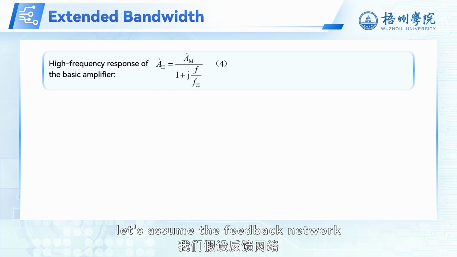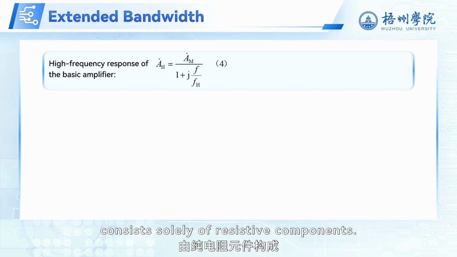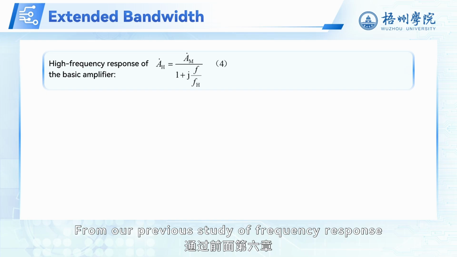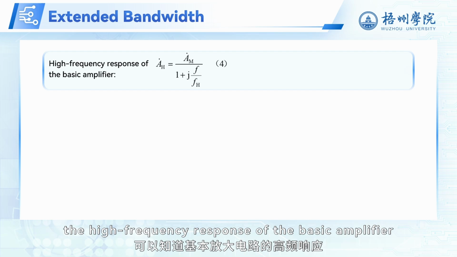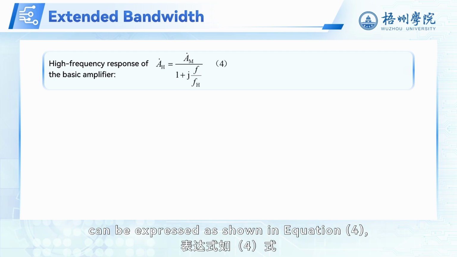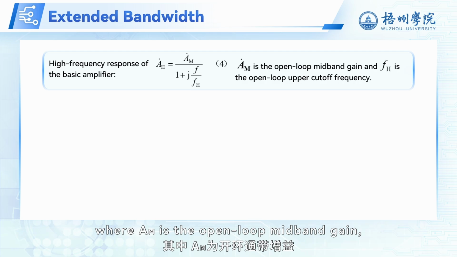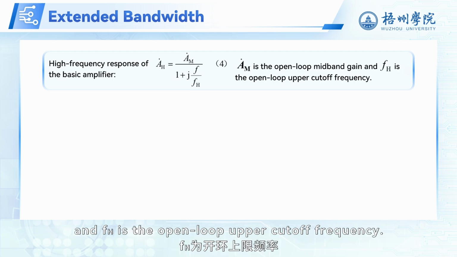To simplify the analysis, let's assume the feedback network consists solely of resistive components. From our previous study of frequency response in Chapter 6, the high-frequency response of the basic amplifier can be expressed as shown in Equation 4, where AM is the open-loop midband gain, and FH is the open-loop upper cutoff frequency.